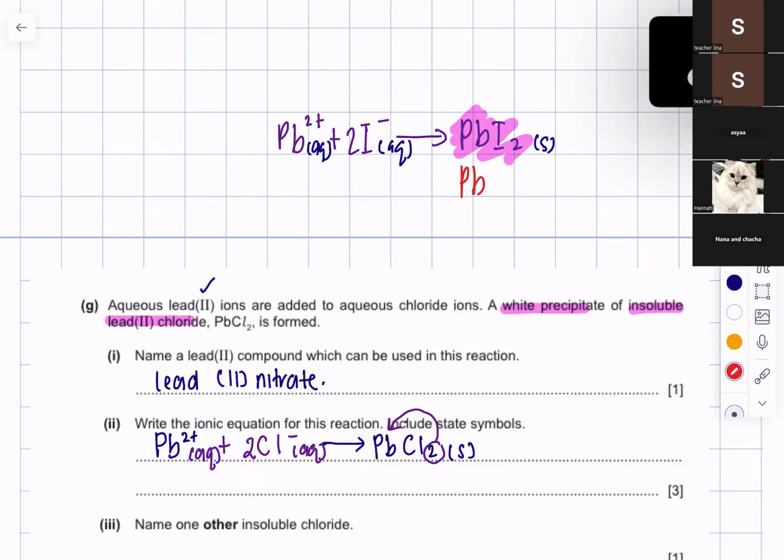Hana? PbBr2, Hana? So what is the ionic equation?